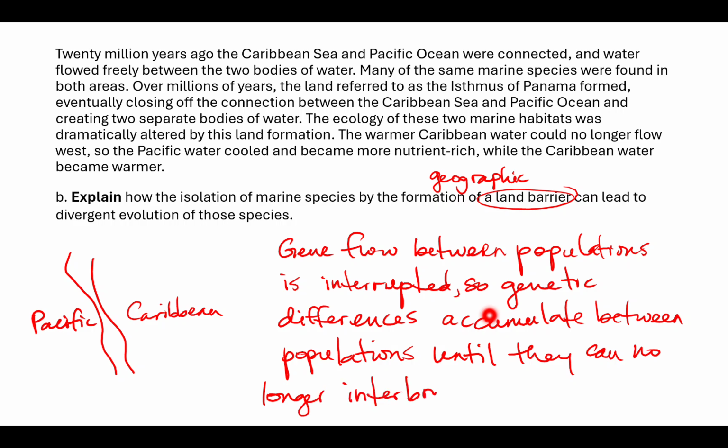And if you wanted to be more certain, you could write something along the lines of, this would lead to speciation.